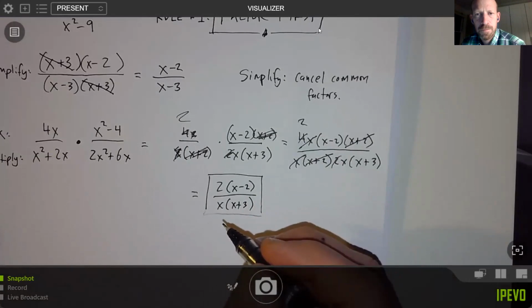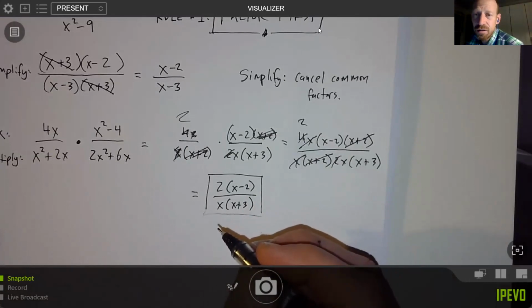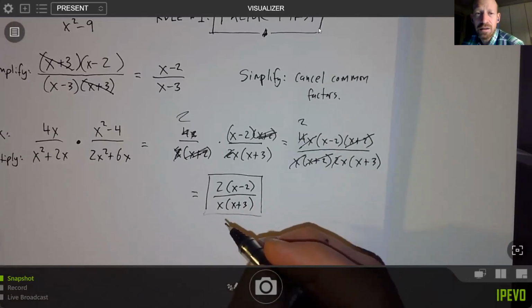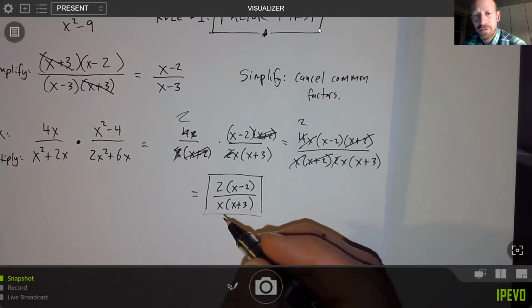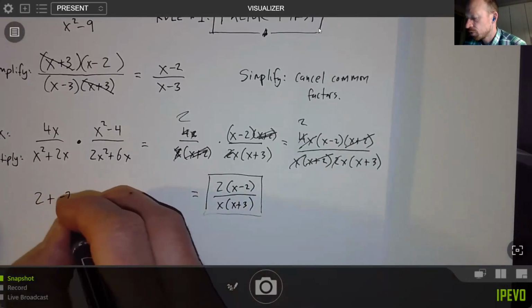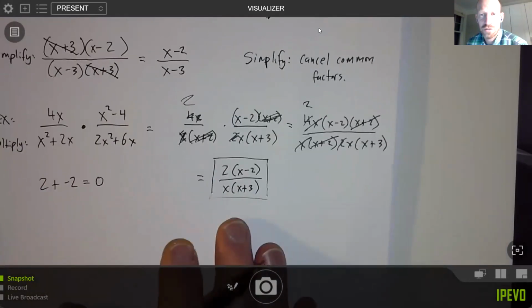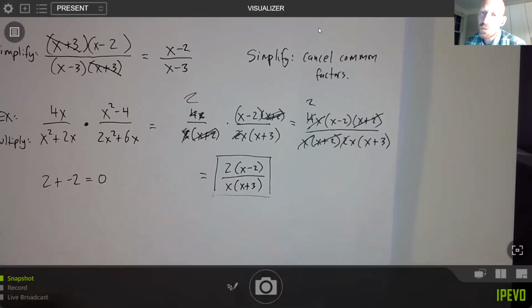I have a question. Great. So normally negative and positive cancel each other out, right? When you're adding, a negative and a positive cancel each other out, like 2 plus minus 2, right? Gives us just 0. But when you're multiplying, it's actually the reciprocal.